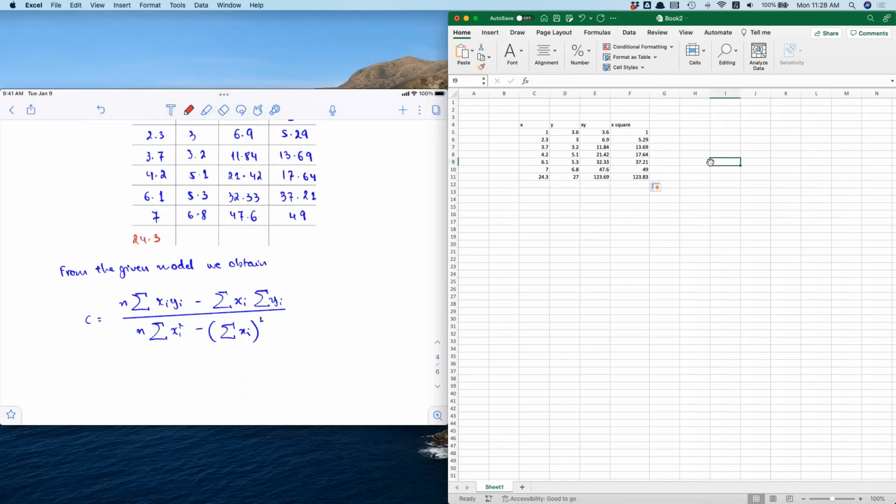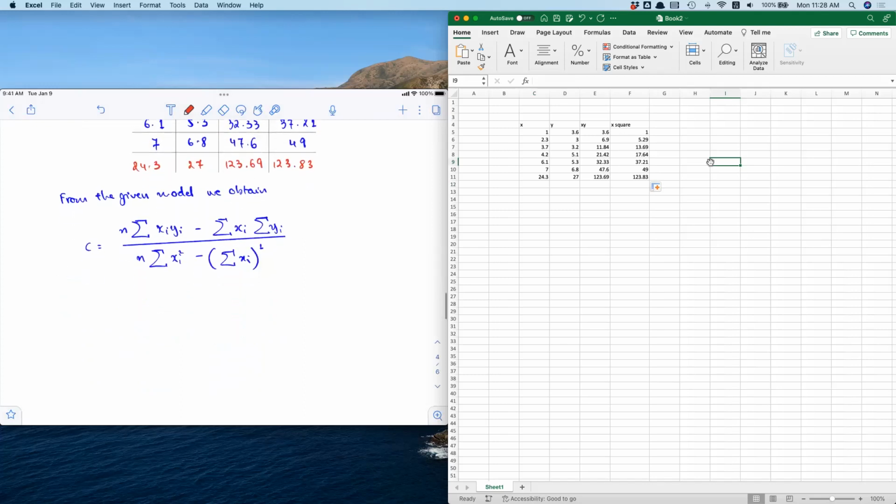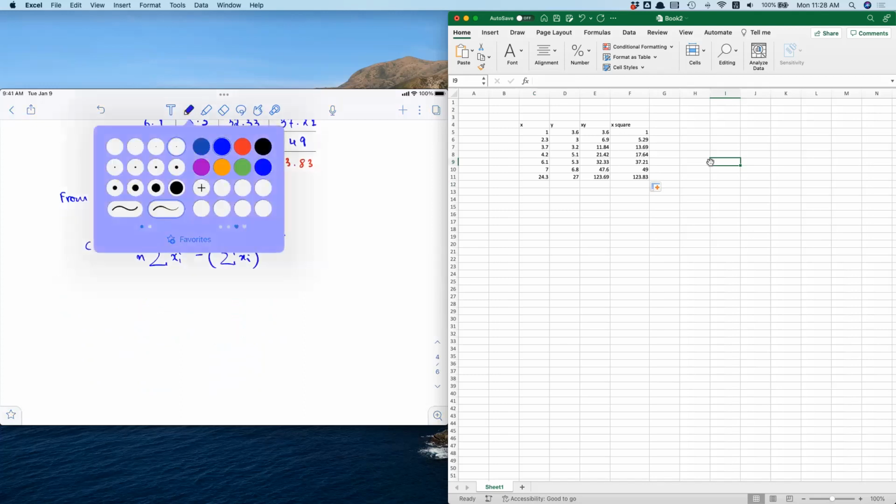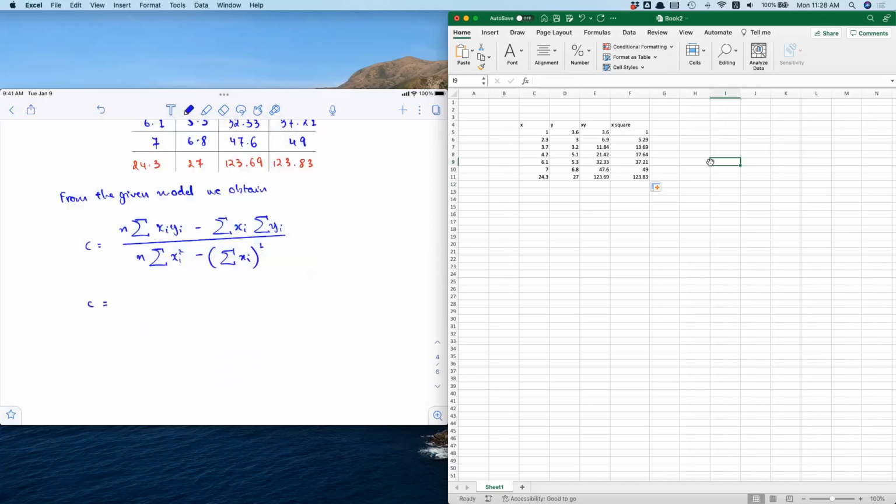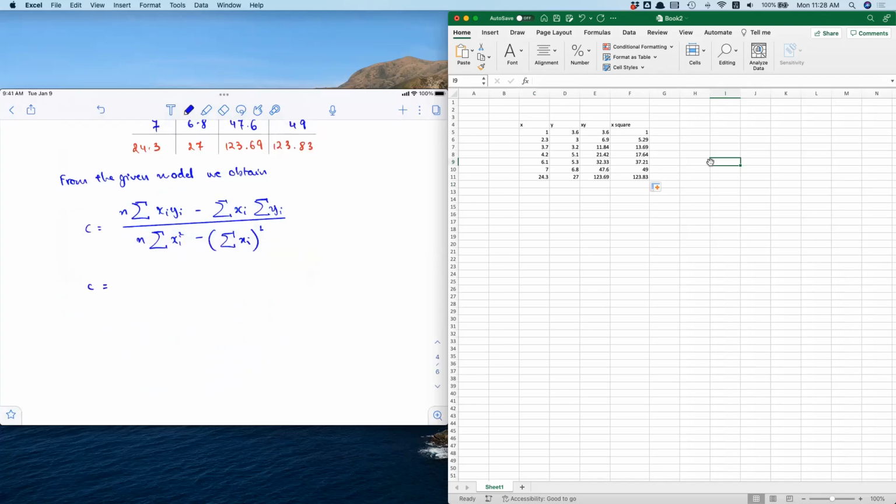So this gives me 27, 123.69, and 123.83. And now you're going to put all of this information into our formula. Remember, you have 6 points in this particular problem, so n is equal to 6.